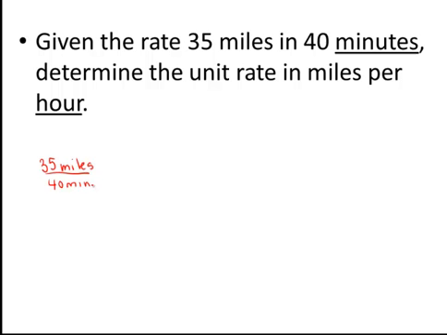Our first step is to convert minutes into hours. We do this by multiplying by the conversion factor: 60 minutes is equal to 1 hour. Setting up our conversion factor this way will allow the minutes to cancel and will leave us with hours.